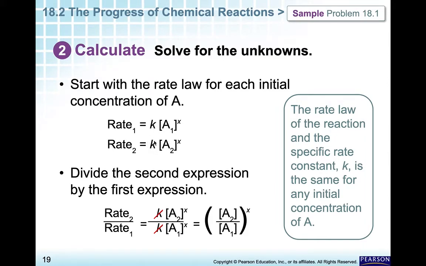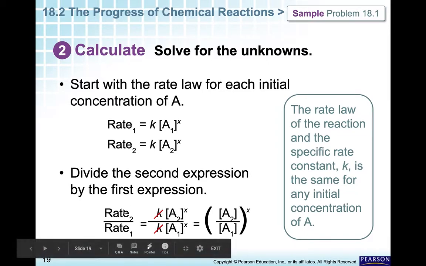These k values are the same because it is the same reaction, times the initial concentration raised to the x power. And now, if we divide the second expression by the first, we know that rate 2 divided by rate 1 equals the second expression divided by the first.